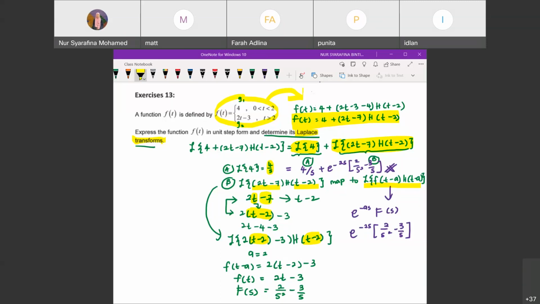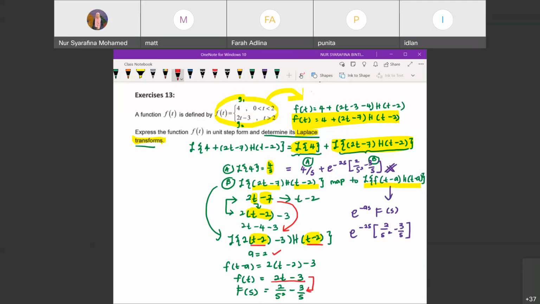So now this 2t minus 7 is changed to 2 t minus 2 minus 3. So the process of transformation now is 2 t minus 2 minus 3 h t minus 2. But we have remained t minus a and t minus a, where a equals 2. When a equals 2, f t minus a is 2 t minus 2 minus 3, then you know that f t is 2t minus 3. So from here, by linearity also, we can transform this one by one.